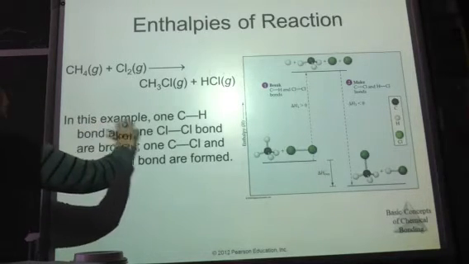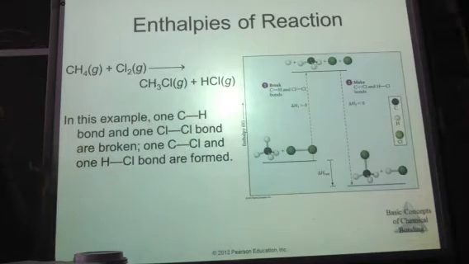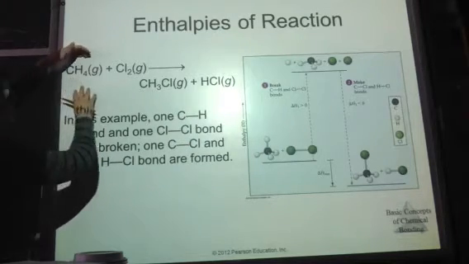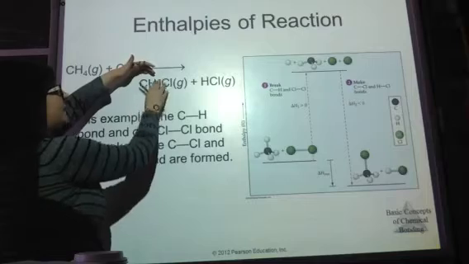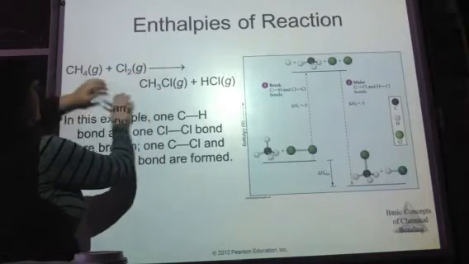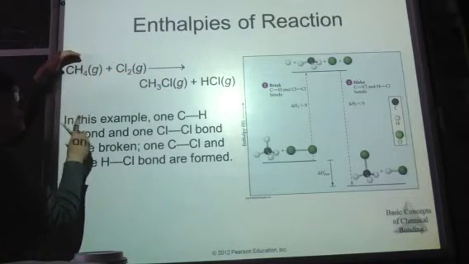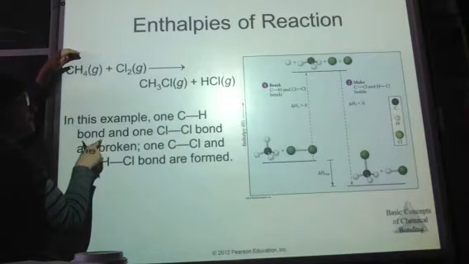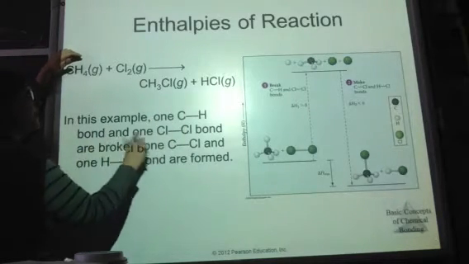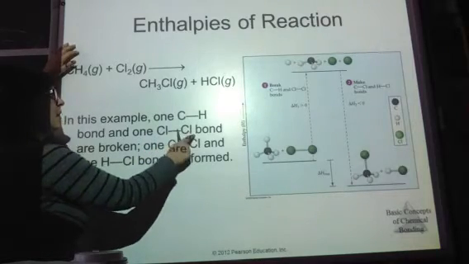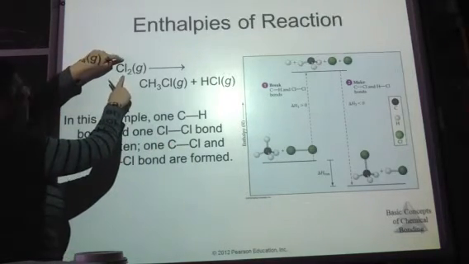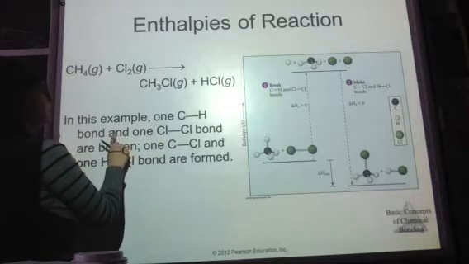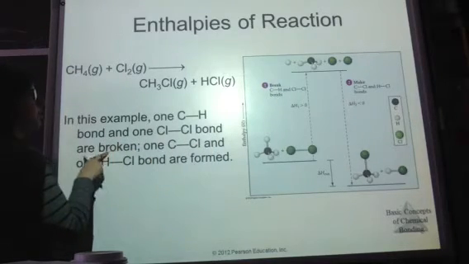It says here, in this example, one CH bond is broken. I started with CH4. On the product side, I have CH3. That means I broke one carbon-hydrogen bond, so that's where I'm getting this one carbon-hydrogen bond that's broken. And then one Cl-Cl bond is broken, because I broke this apart.